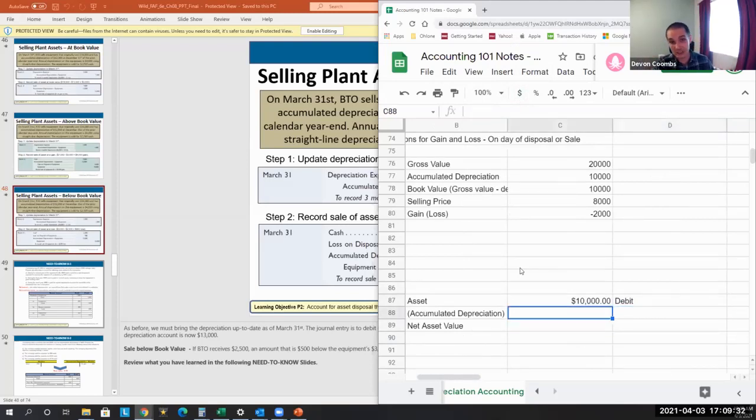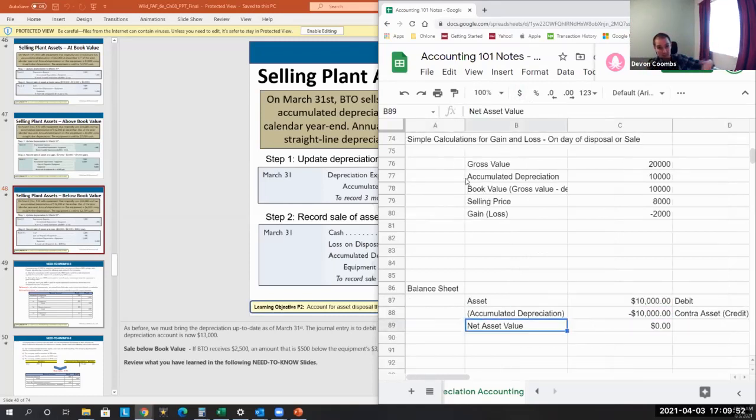Our accumulated depreciation is a contra asset. It's a credit. So if it's $10,000, we have a net asset value of 0. So that means it's fully depreciated and it had no salvage value. So we can have a value of 0, but still be using the asset. From an accounting perspective, that's possible.